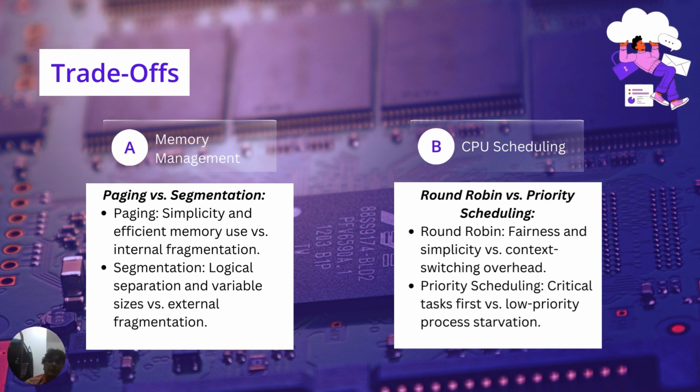So for the trade-off, paging provides simplicity and efficient memory use, but can suffer from internal fragmentation and large page tables. Segmentation offers logical program separation and variable segment size, but can lead to external fragmentation and complex segment management. Next, we go to CPU scheduling, round robin versus priority scheduling.